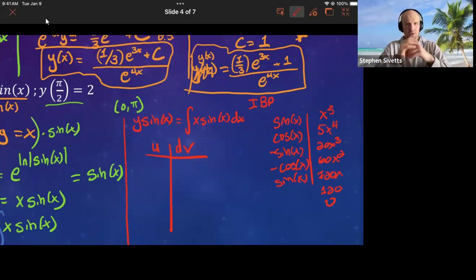Okay. So we want to choose a function such that if we differentiate it, its derivatives will terminate at some point, right?